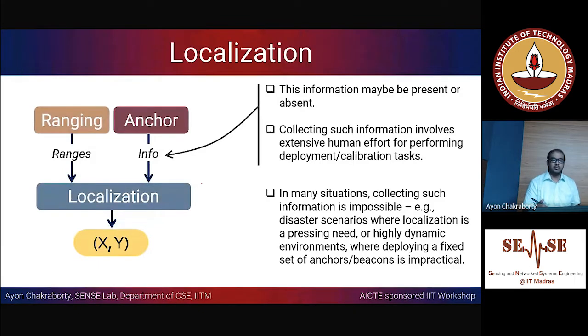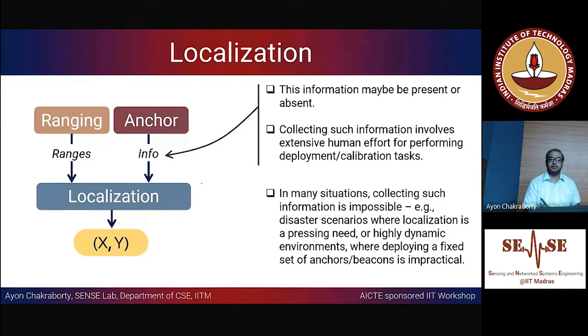So if you are trying to do a one-time deployment, right, in a big shopping mall or some airport kind of scenario, it might make sense. But let's say you want to do an ad hoc deployment, suddenly you want a localization service to be on. That calibration phase might take a long time. So you have to go and measure the location and then put that access point or that anchor there, right?